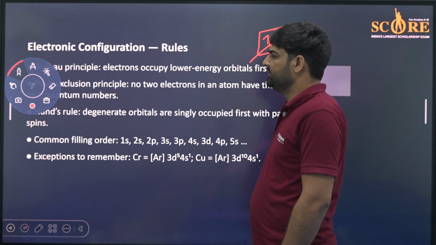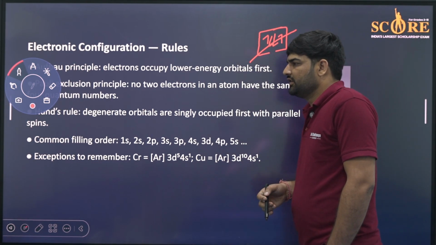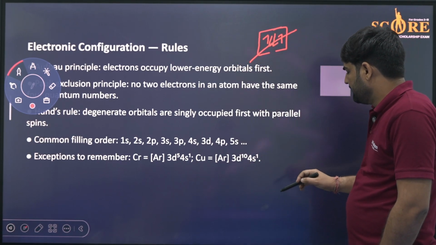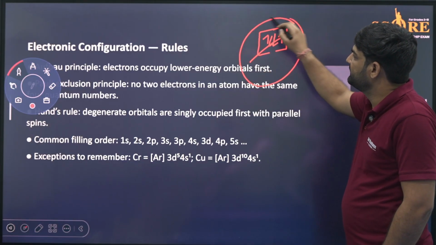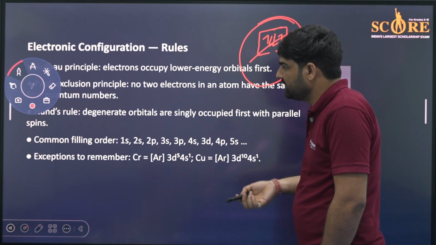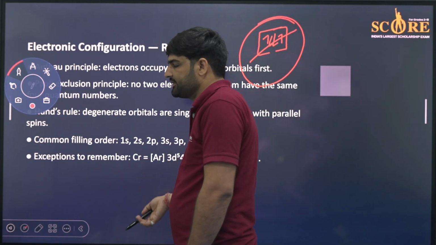Next principle is the Aufbau principle. This Pauli principle was given for a single orbital; the Aufbau principle was given for different subshells.